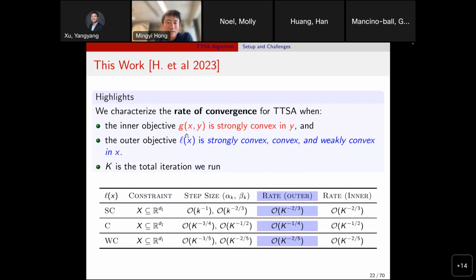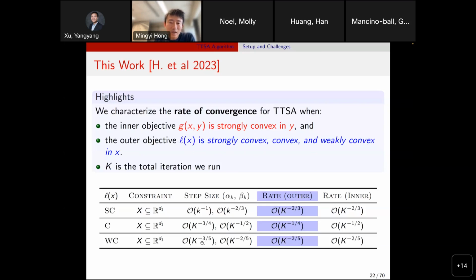The condition here is that gxy is strongly convex in y, and then we separately assume three different cases where Lx is either strongly convex, convex, or weakly convex. For ease of discussion, I will mostly focus on the case where L is a weakly convex problem, which basically means that it's smooth. Just smoothness is enough. Just assume that this L function is smooth.